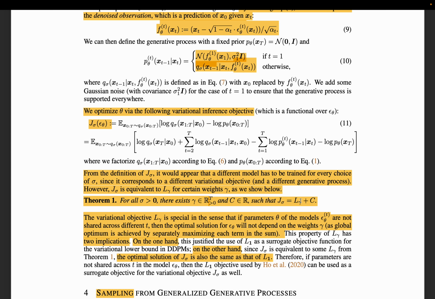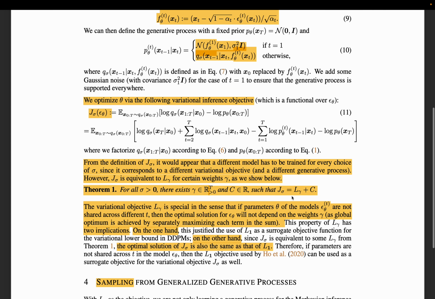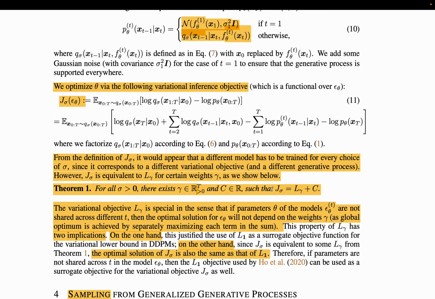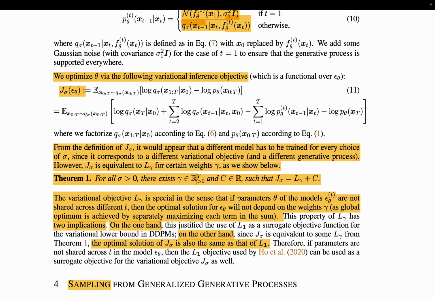There will be some implications of this theorem, but first, note that the parameters theta of the model that predicts the noise are not shared across all time steps.